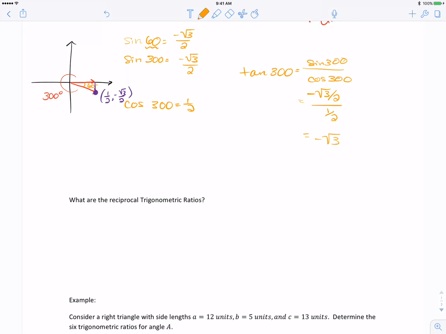In terms of a reciprocal trig ratio, every trig function we've talked about so far, sine of theta, cosine of theta, and tangent of theta, all have reciprocals. If I were to ask you, let's say, what is the reciprocal of 2 over 3, your response would more than likely be 3/2.